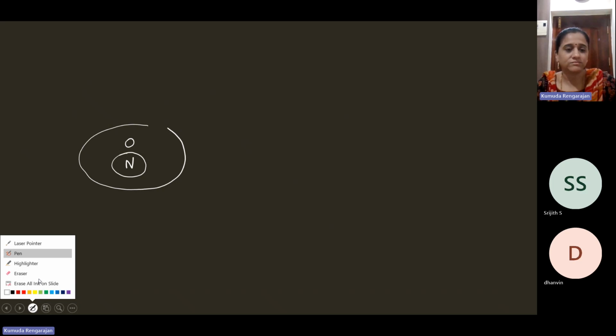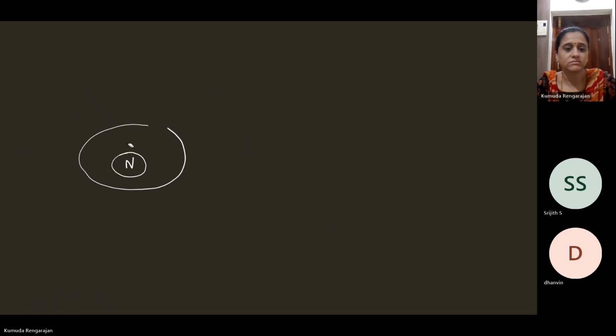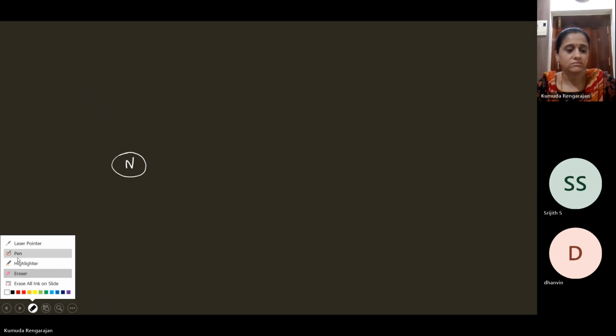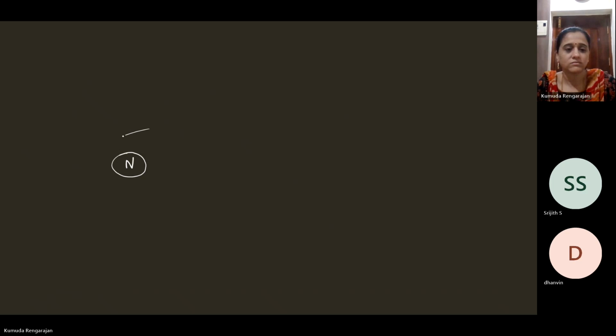So we start like natural numbers, right? To the collection of natural numbers, when you include zero, it forms a collection of whole numbers. Let me draw circles or ovals.